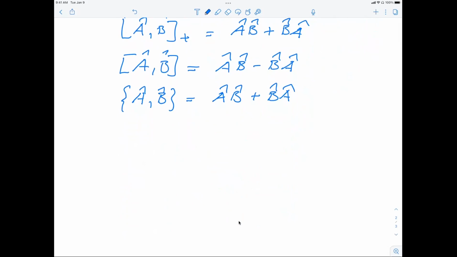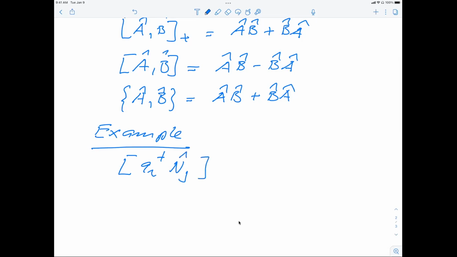Okay, another example, just to bring that up, is another commutation relation. And that is also something which is very useful. And this is the relation between an a_i dagger, and then I have an n_j here. And this is the number operator.